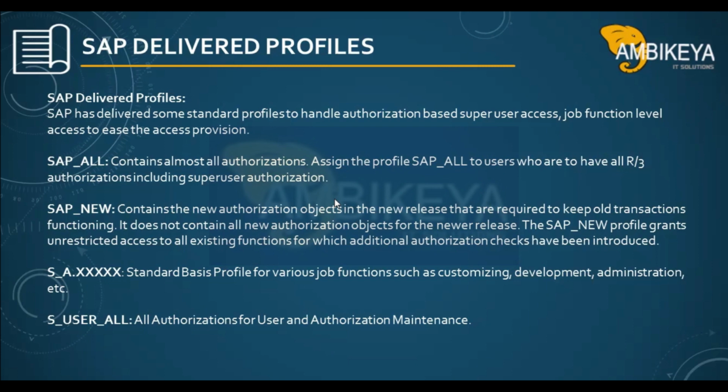SAP_ALL contains all the authorizations available in the system, and SAP_NEW: whenever an upgrade happens, whatever new authorization objects SAP has released in that upgrade are available in the SAP_NEW profile. So SAP_NEW plus SAP_ALL contain all the authorizations available in the system.